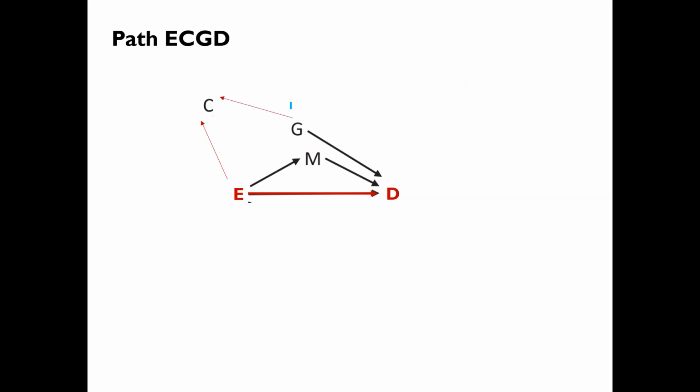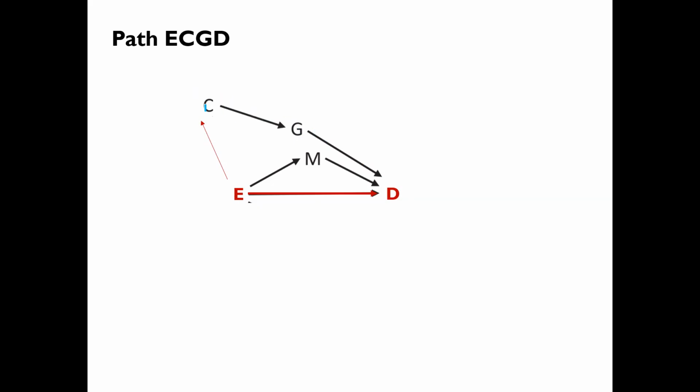Perfect. Let's play again. If you have E, C, G, D, and the arrow is pointing towards C from G, would it be a causal or non-causal path? What do you think? Non-causal, I think. So what I did is, sorry, I changed the arrow.